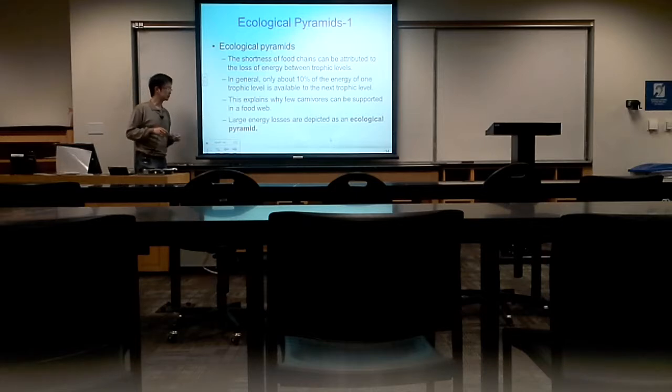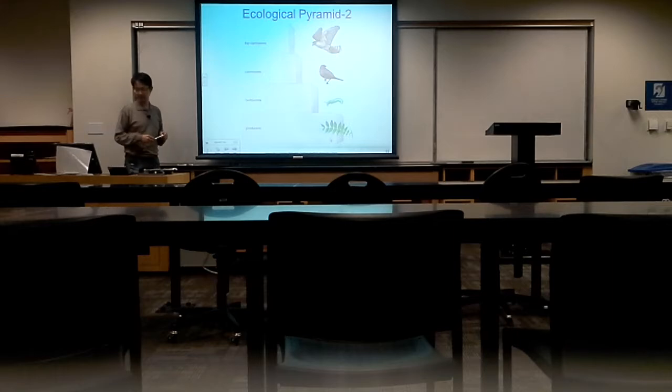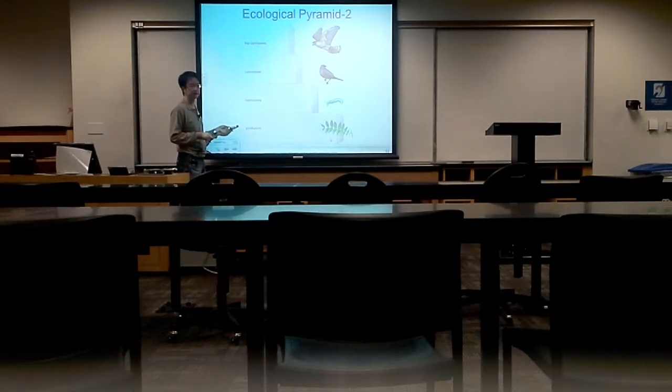So we can look at the ecological pyramid to see the energy loss. You can see that producers have a lot of energy because they absorb the sunlight and solar energy directly.